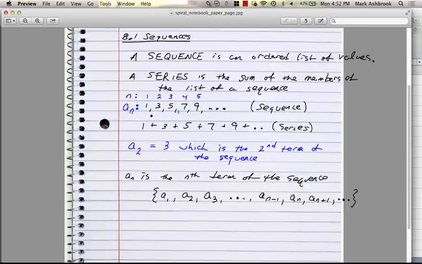Okay, so for this sequence that I put up there, can you figure out a formula for the nth term?